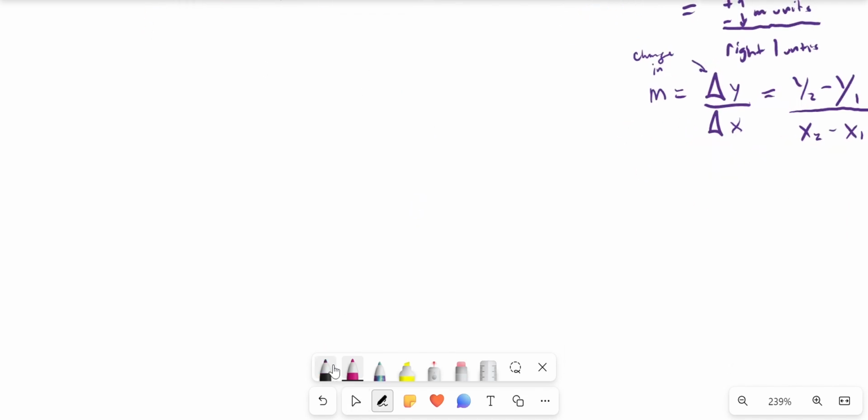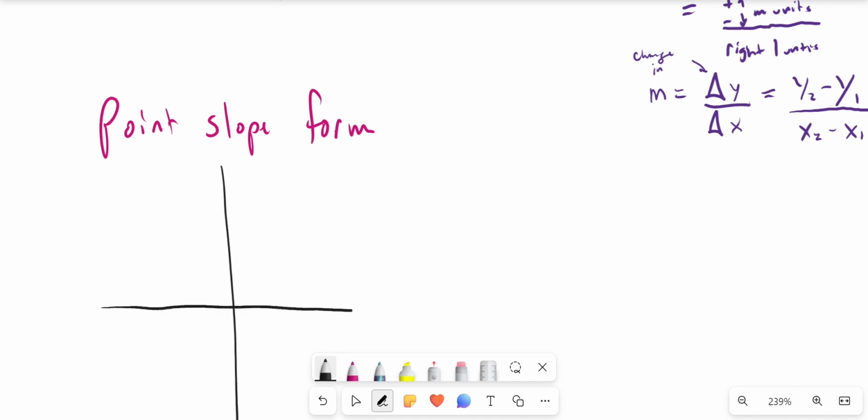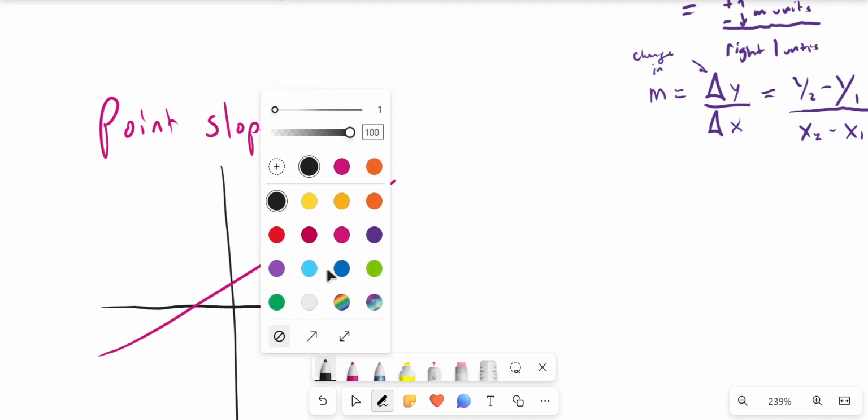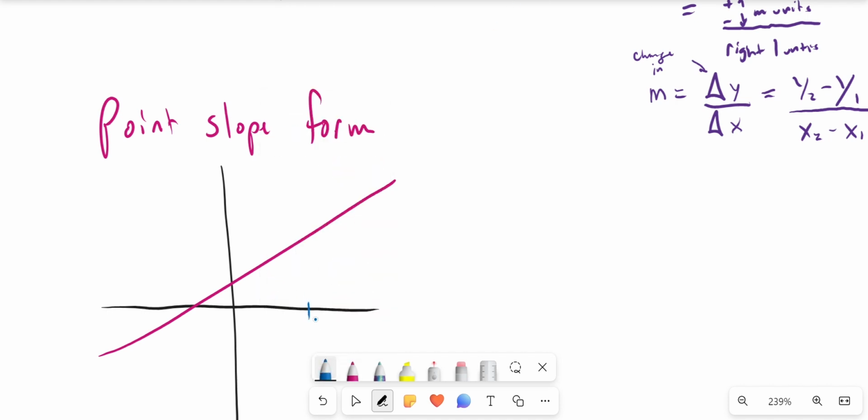Let's talk real quick about point slope form. Right, if I have, again, some line, and I know a fixed value on that line, let's call this x1, and then this one y1. If I want to know how far over I go to some new value of x, what is the corresponding value of y?